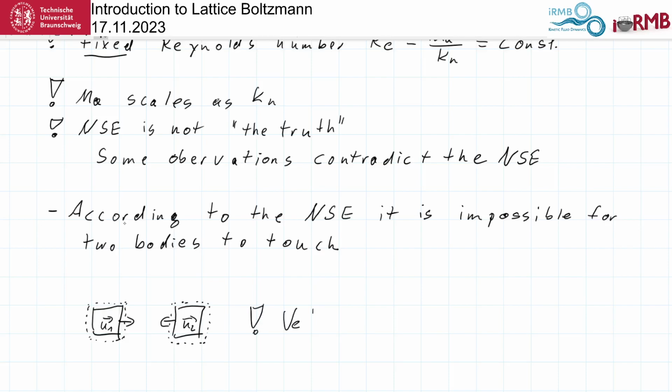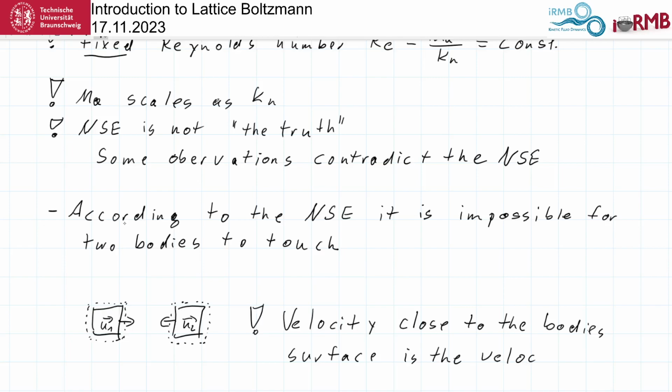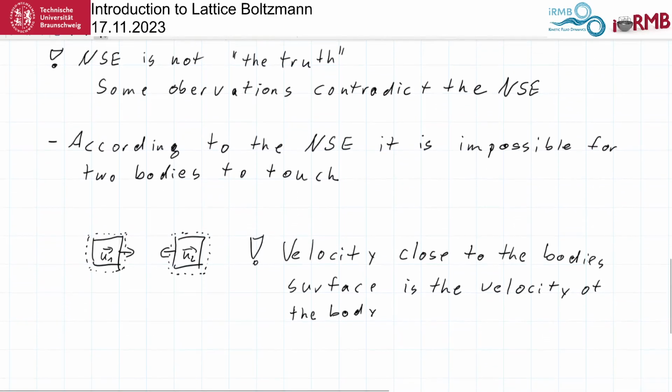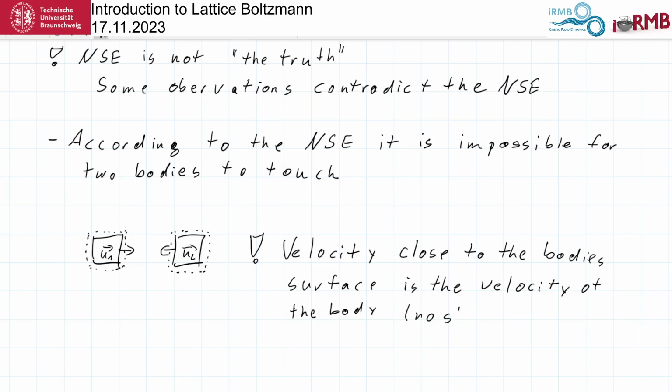So the velocity close to the body surface is the velocity of the body, because there is no slip.